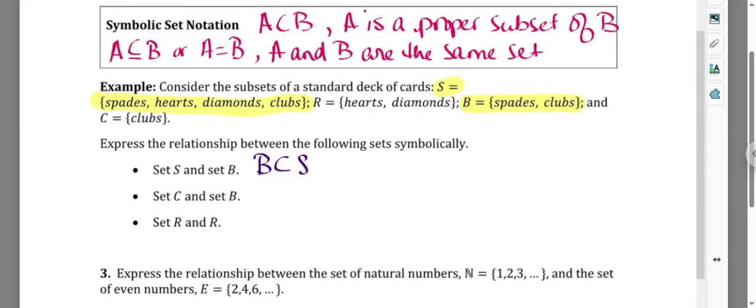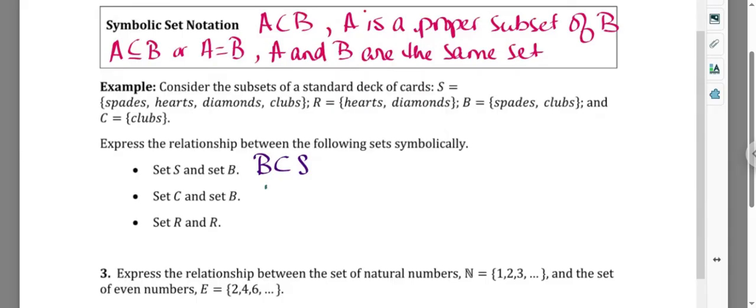Compare C and B and R and R. So B includes spades and clubs. C is just clubs.